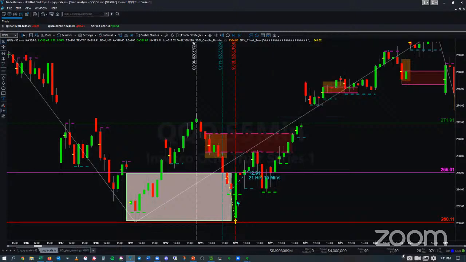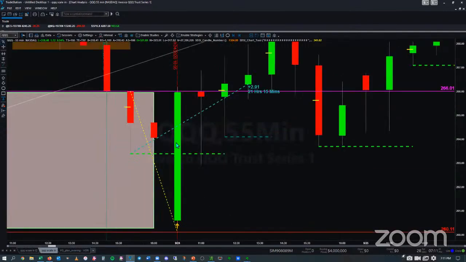Now you're going to see something a little bit interesting here when we start looking at the bases. You can see here that we actually had a base drawn right here, and price actually opened up outside of the base but closed inside.